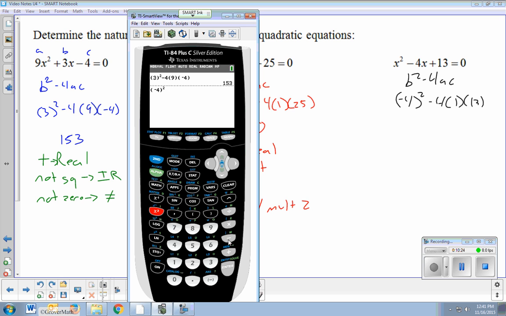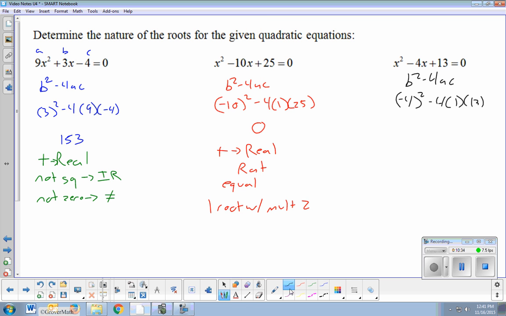So negative 4 squared minus 4 parentheses 1, which we don't really need, times 13 is negative 36. And so the fact that this is negative means that our roots are imaginary. The negative gives us imaginary roots. And then there's nothing else that matters. There's no rational or equal or multiplicity. It's imaginary. That's all you need to know.